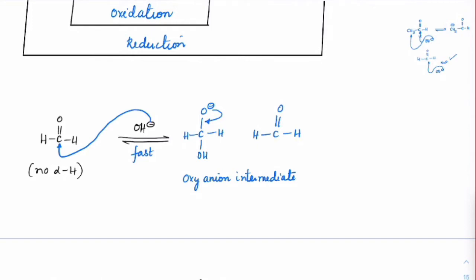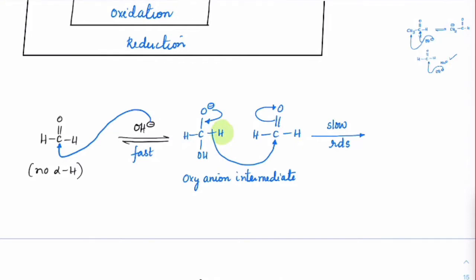As soon as it closes, instead of OH minus releasing and going back, one thing you will observe is that a hydride will be removed here as H minus, and that H minus will attack the carbon. This happens as a slow process, which makes this the RDS of the reaction. The hydride shift is processed here, so you can see this hydride shift happening.